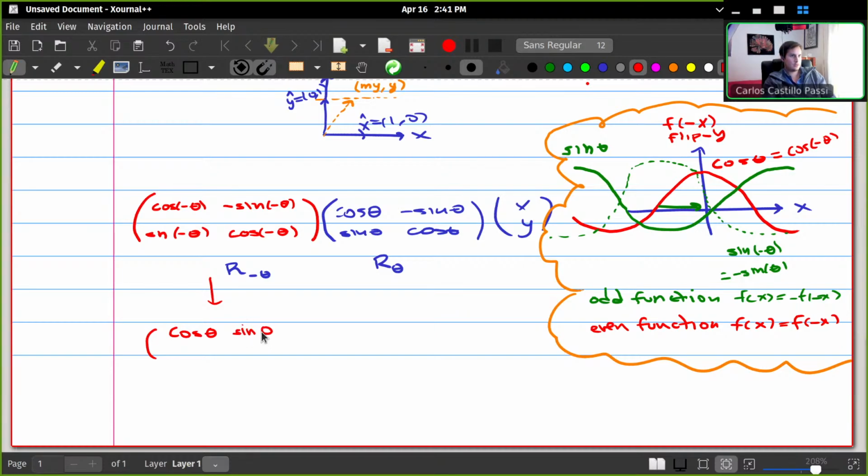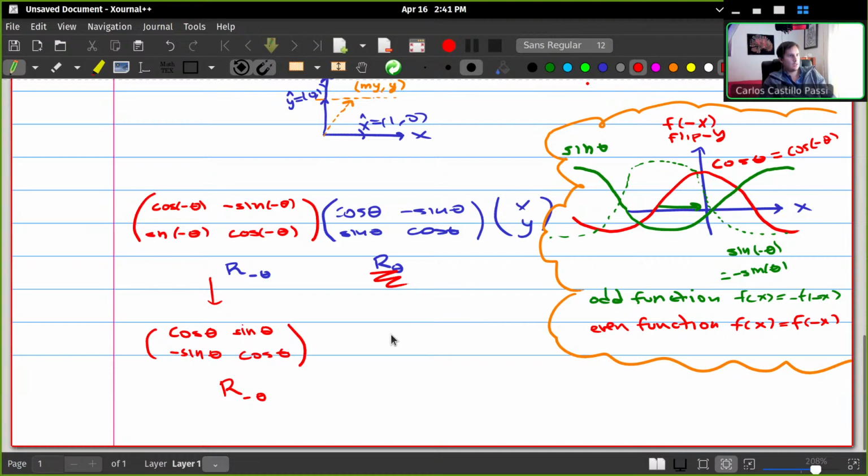Sine, here it will go to the outside, and here it will remain the same. Is there any relation between this matrix and this one? The inverse, no? Yes, one is the inverse of the other one.